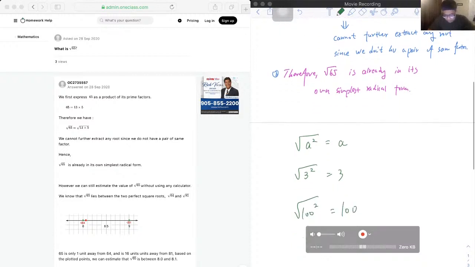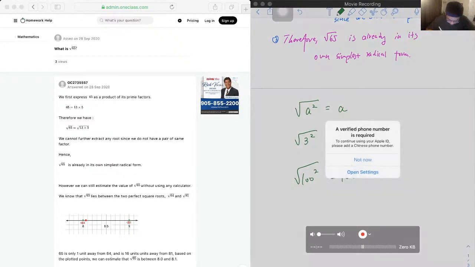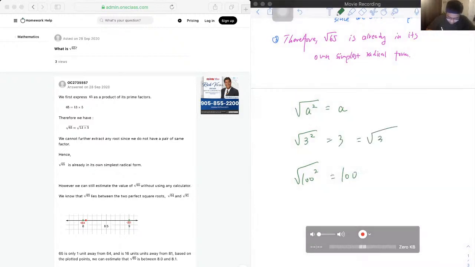That's what I mean by a pair of same factor, because this can also be written as root 3 times 3, root a times a, and root 100 times 100. So root 65 is already in simplest radical form.